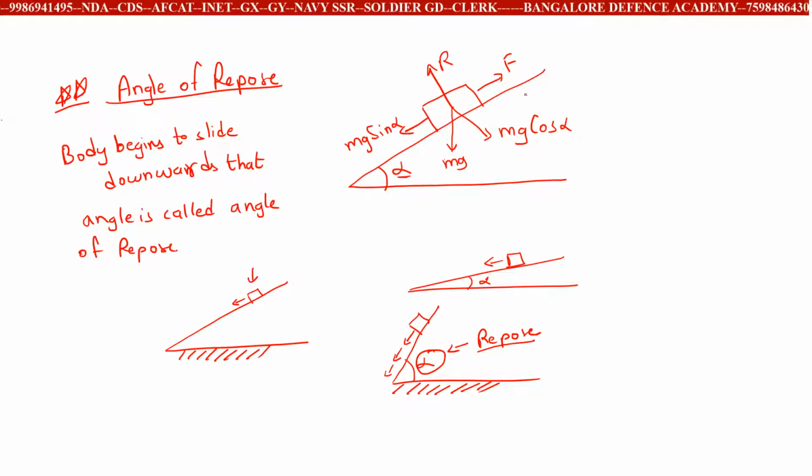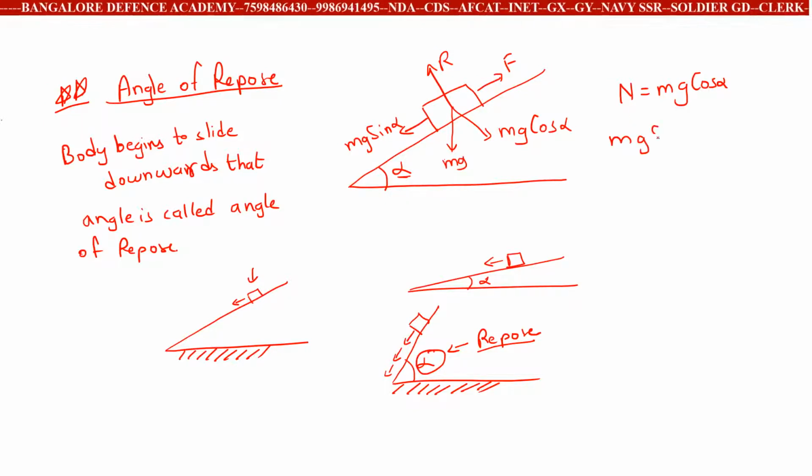Now let us try to understand some basic important formulas. In equilibrium condition, the formula is mg cos alpha, and here we know the force mg sine alpha is equal to F, which is always less than the maximum force. The angle of repose is equal to the angle of friction.